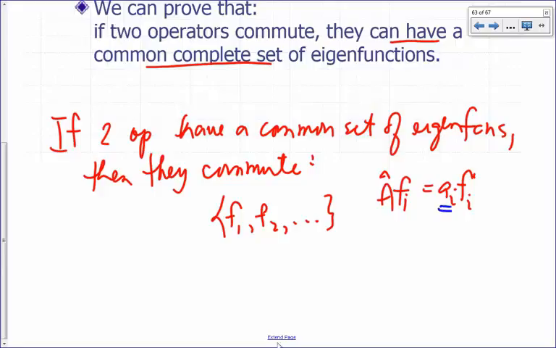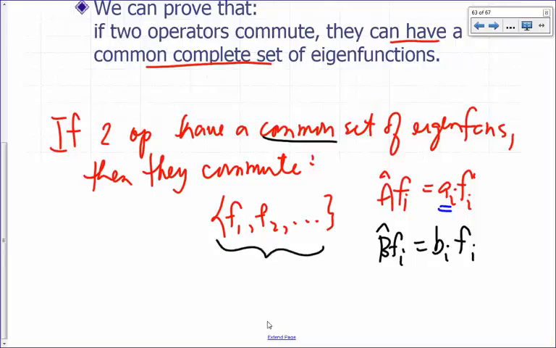The eigenvalues are A sub I. And we're also going to say that B hat F sub I is equal to some other constant B sub I, F sub I. So the F sub I's are a common set of eigenfunctions for operators A and B.